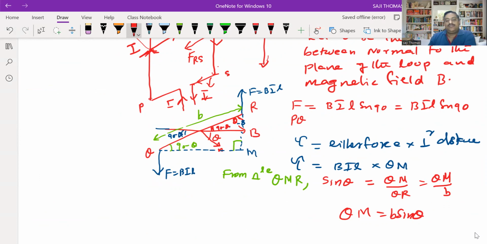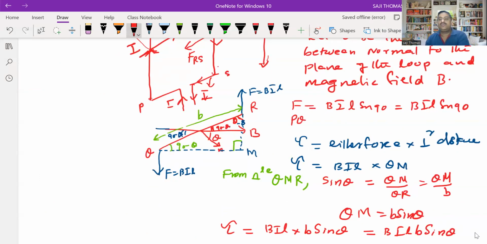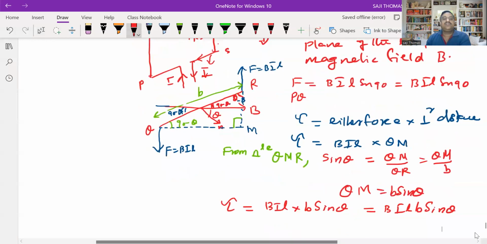Okay. So we can find out torque. Torque is equal to F into QM, which is B sine theta. So what you are getting? F L B sine theta. So this is the equation for the torque acting on the rectangular loop.